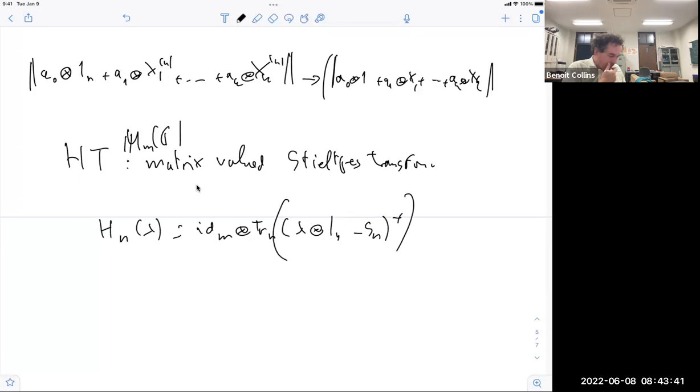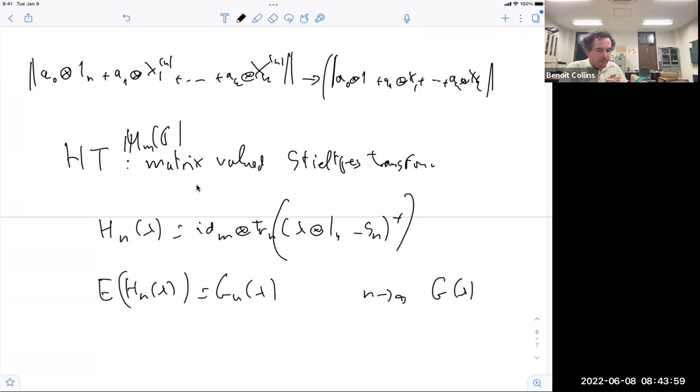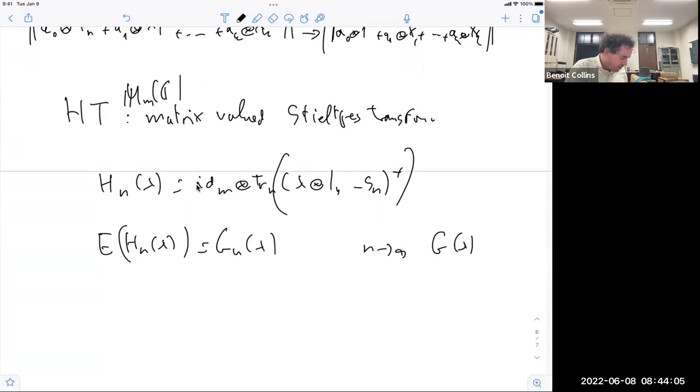And then they look at the expectation of this. The expectation of Hn lambda they call Gn lambda, and when n goes to infinity, they call it G lambda. Basically the kind of results they prove is that Gn lambda minus G lambda, in operator norm, is less than some constant over n squared.